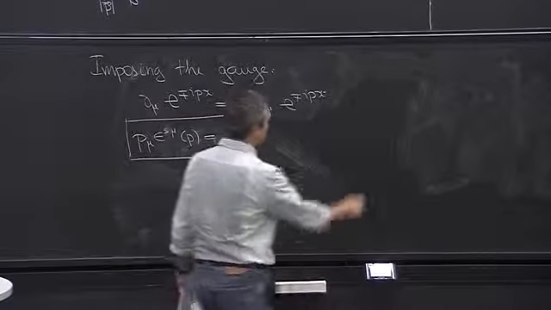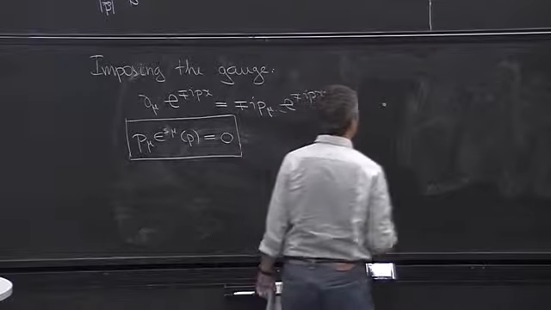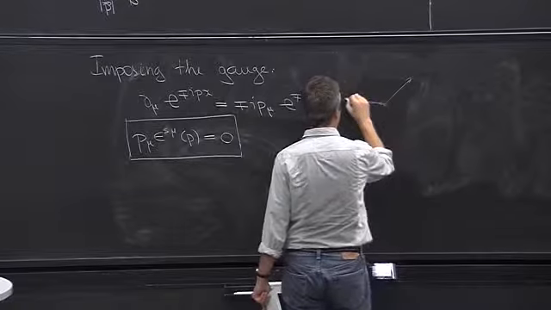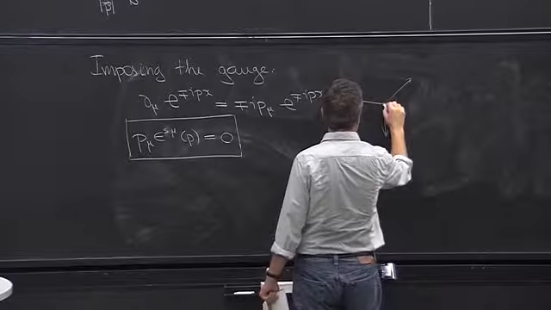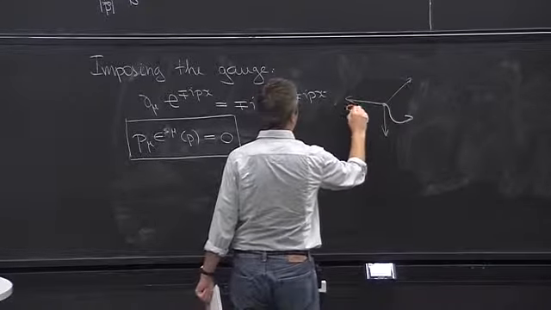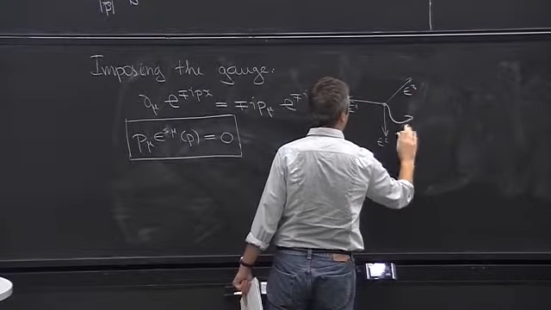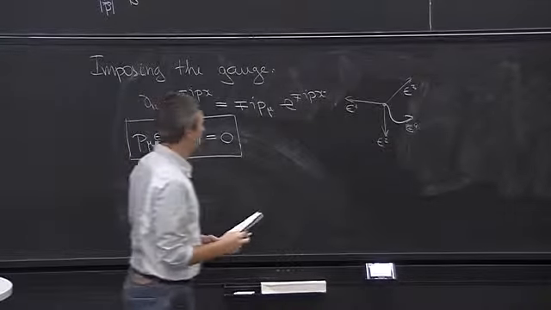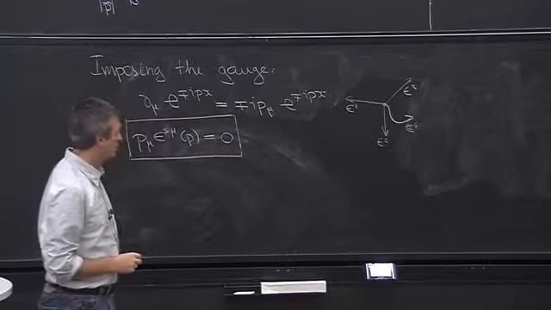So what we have is that at each point, suppose that p is fixed. Then we choose some basis of 4 vectors, epsilon 1, epsilon 2, epsilon 3, and epsilon 4. So they have to form a complete basis at each point.